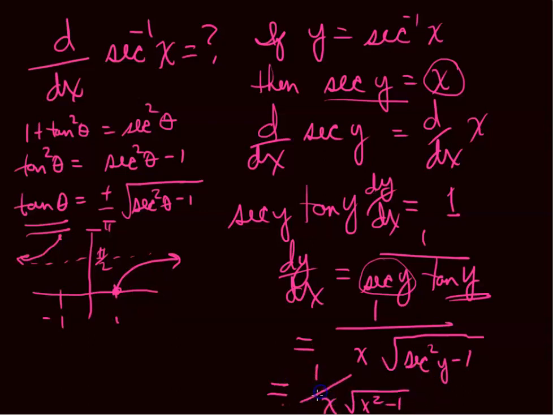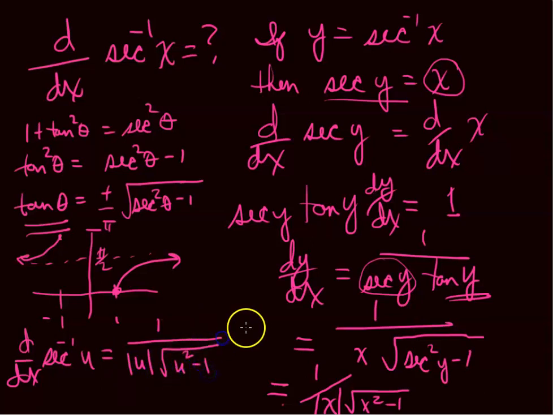So we need to make sure that this is always positive, so they're going to put in absolute value. And if we use the chain rule of the inverse secant of u, we get 1 over absolute value of u times the square root of u squared minus 1 times du dx.